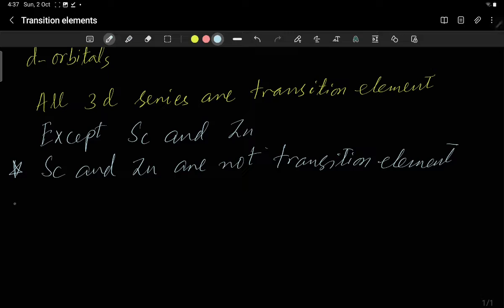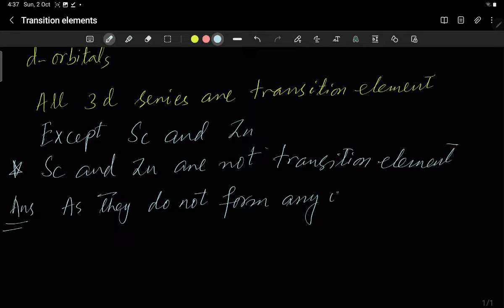Because they do not form any ions having incomplete d orbitals.